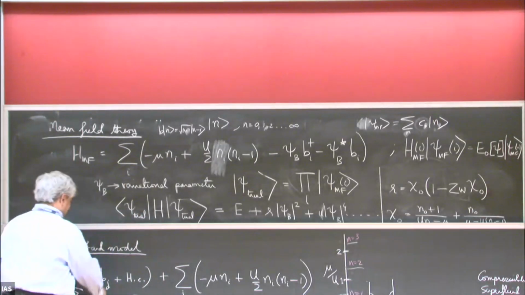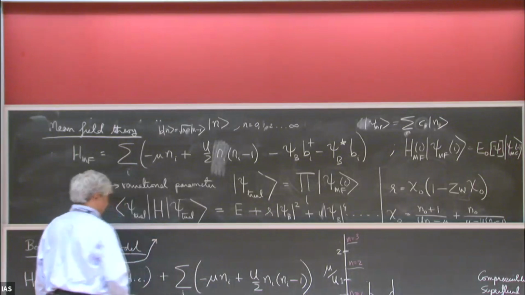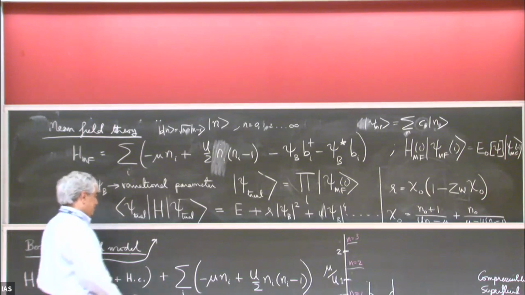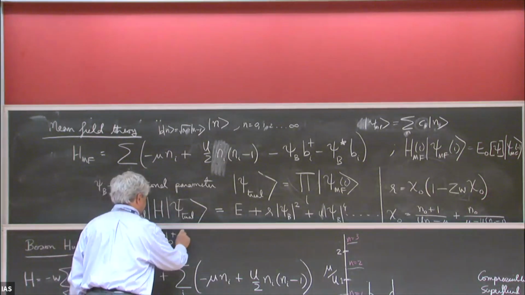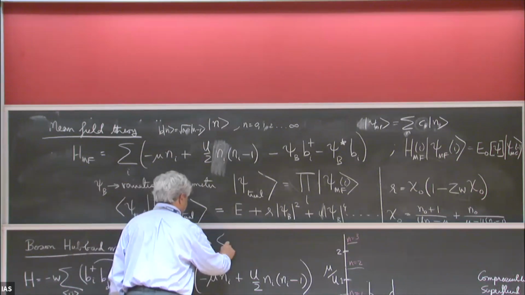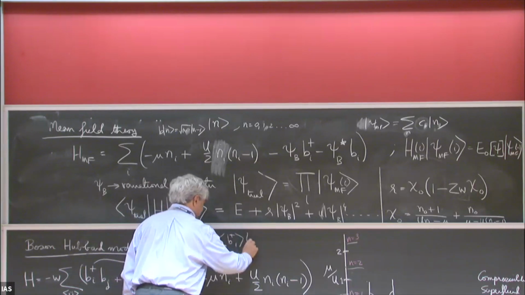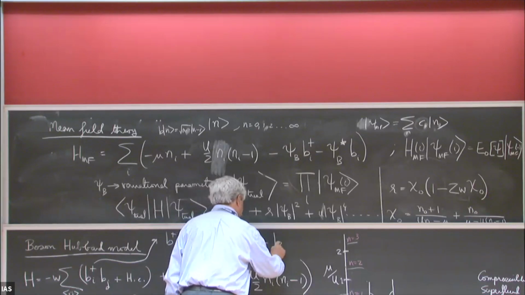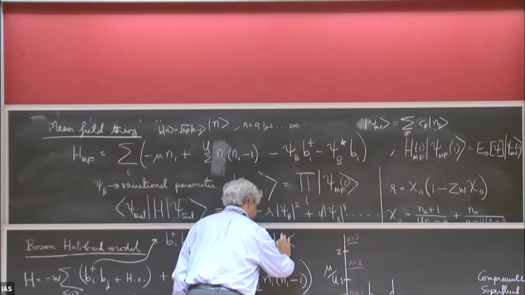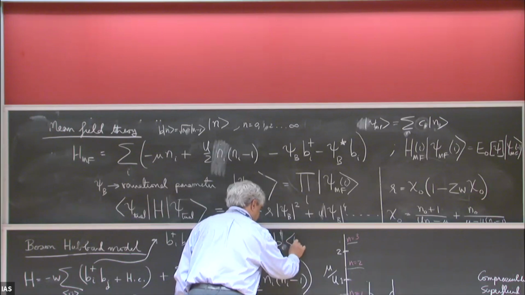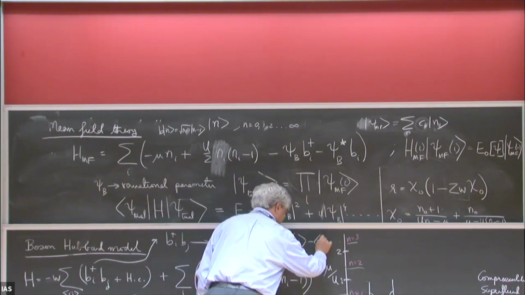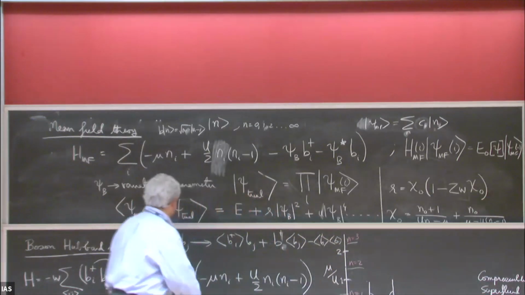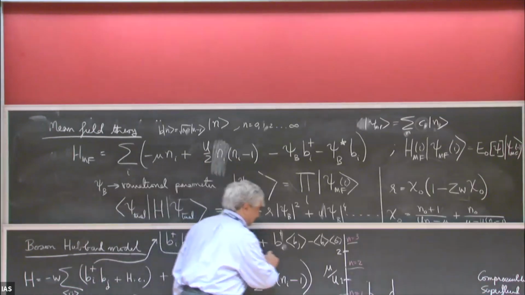What we're really doing, and in the future this is what we're going to do, every time we meet a term that we don't like, B dagger i, bj, we just replace it by the expectation value of B dagger i times bj, plus B dagger i times the expectation of bj, and then minus the two expectation values to make sure you don't double count. So there's this simple rule. I'm sorry, hopefully you can all see it.